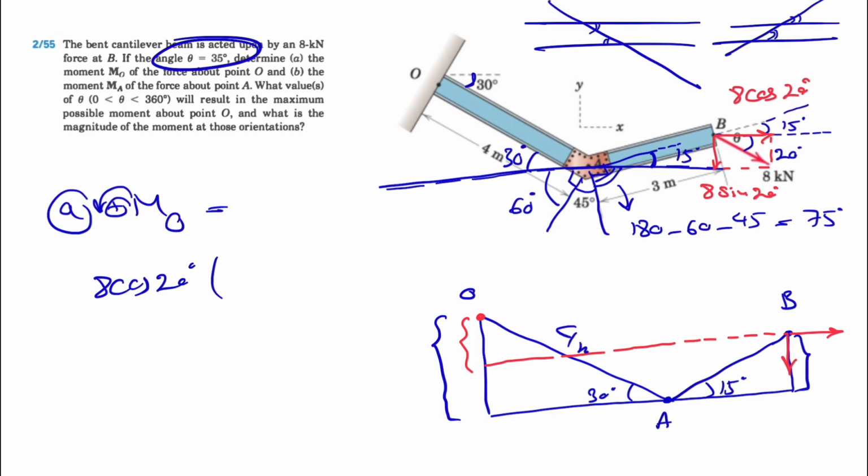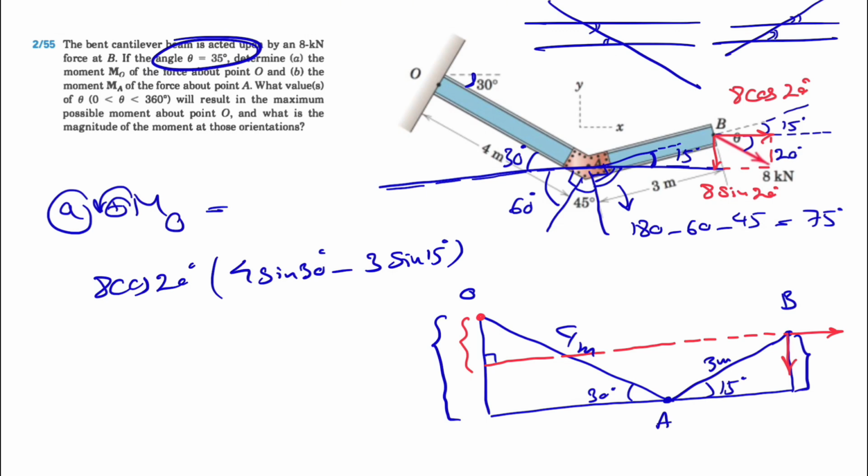And we have the hypotenuse for each of these right triangles. This one is 4 and the other one is 3 meters. So if we want to find this distance that I showed in red, we basically have 4 sine of 30 degrees minus 3 sine of 15 degrees.